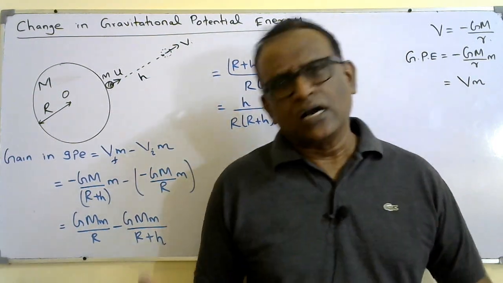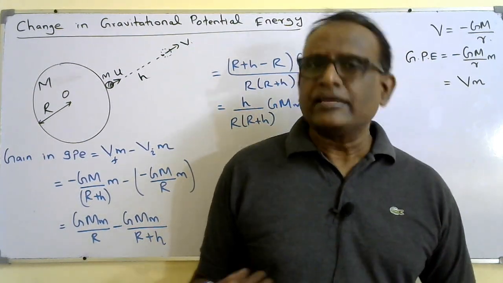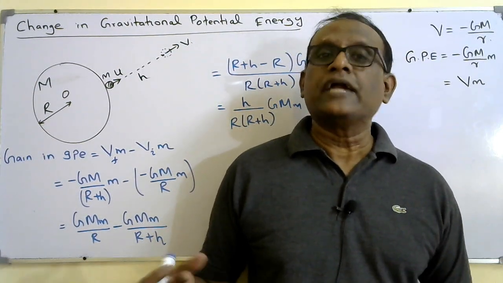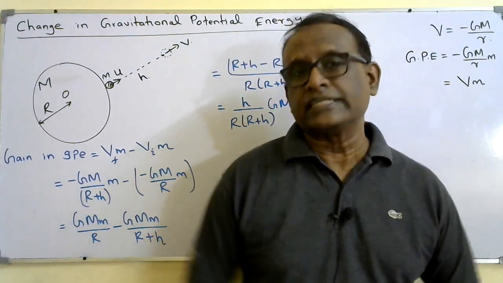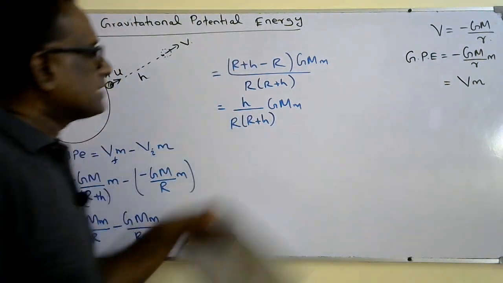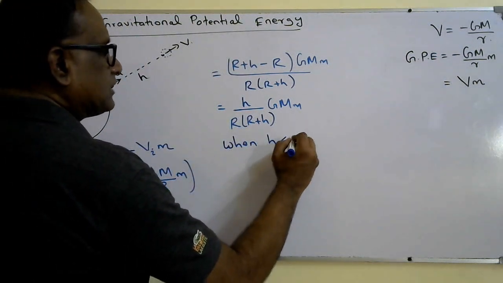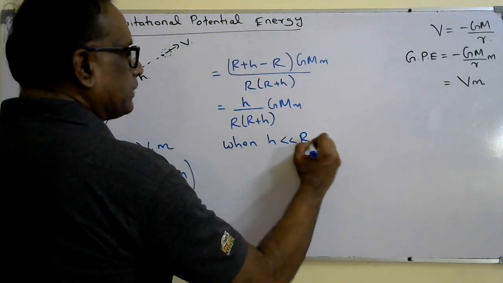Even if it is 5000 meters compared to the radius of the Earth, 6400 kilometers, it's negligible, much smaller. So when h is very much smaller compared to the radius of the planet, then r plus h is approximately equal to r.